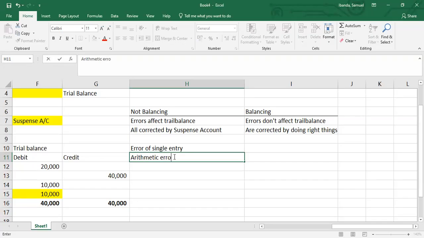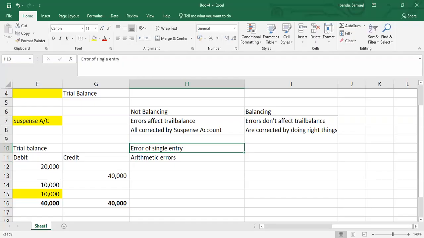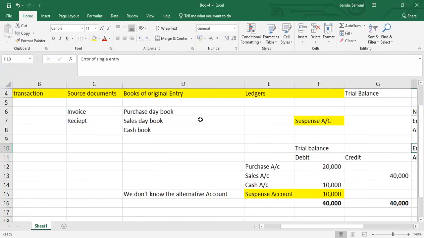When I say single entry error, you also need to understand at what level the single entry error was done. The single entry error would have been done at the ledger step.